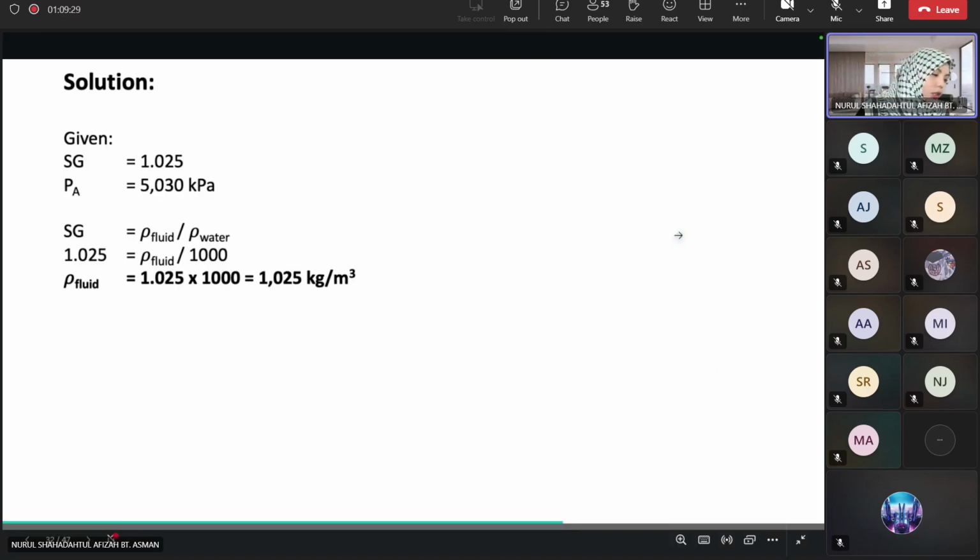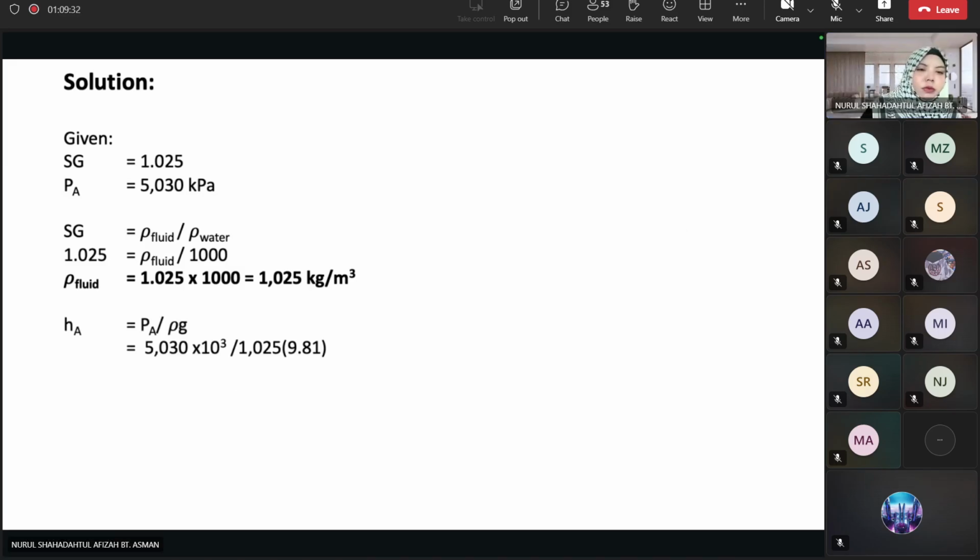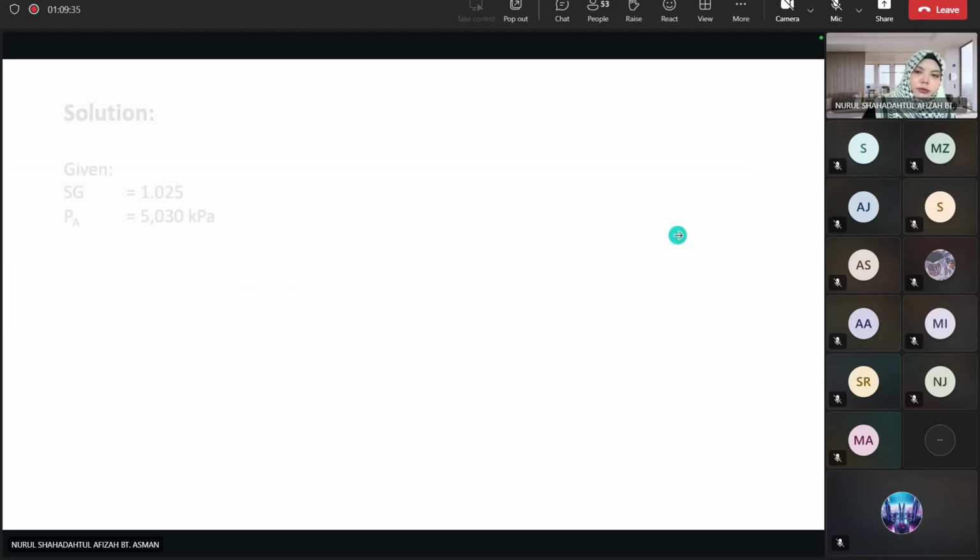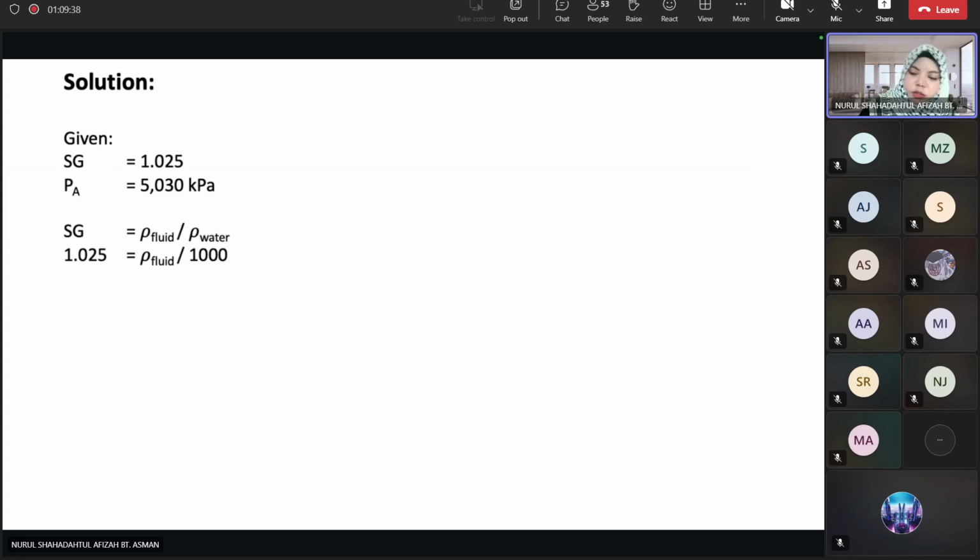So now let's see the solution. First we need to find the density of fluid, because they only gave the specific gravity and the pressure. This is seawater. The specific gravity is given and the density of water is 1000.